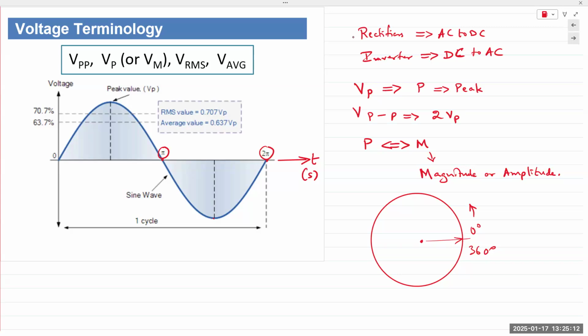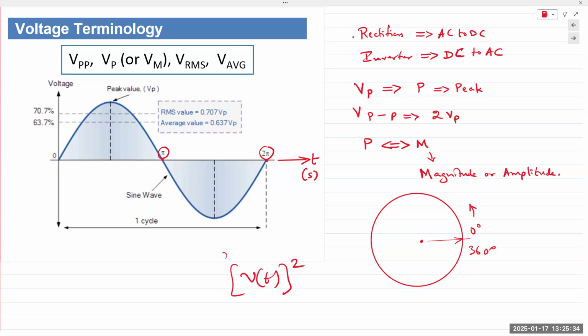So faced with this, the early scientists and researchers decided that instead of taking the average of the waveform, we will first square the waveform. So if it's V of t, let's square the waveform. Then we will average out the waveform.